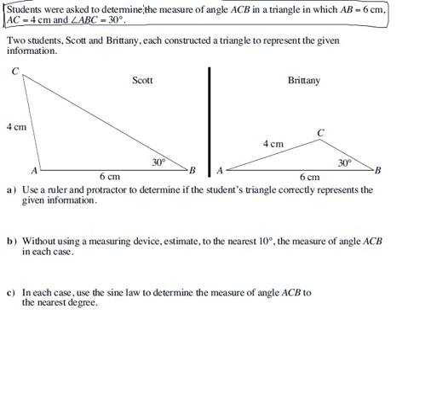Asked to determine the measure of angle ACB in a triangle where we have a side that's 6 centimeters long, and it's called AB. I'll do this at the bottom. So we have A, we have B, the distance between them is 6. Then they said AC is 4, we'll come back to that, and angle ABC is 30.